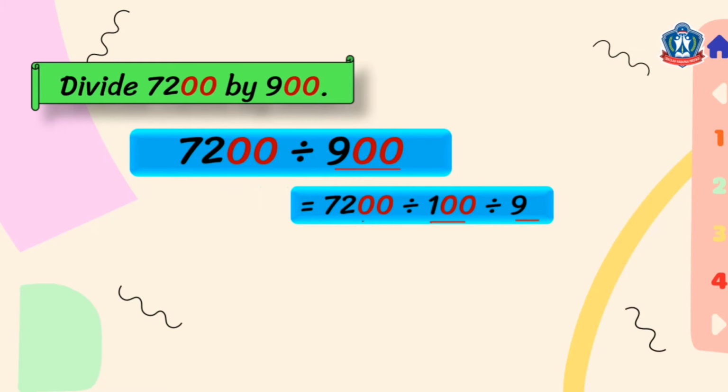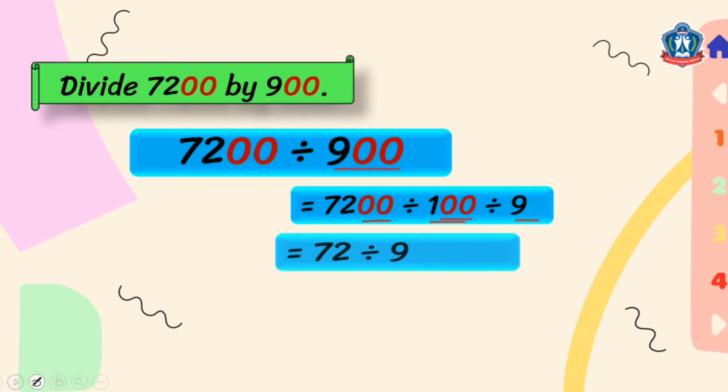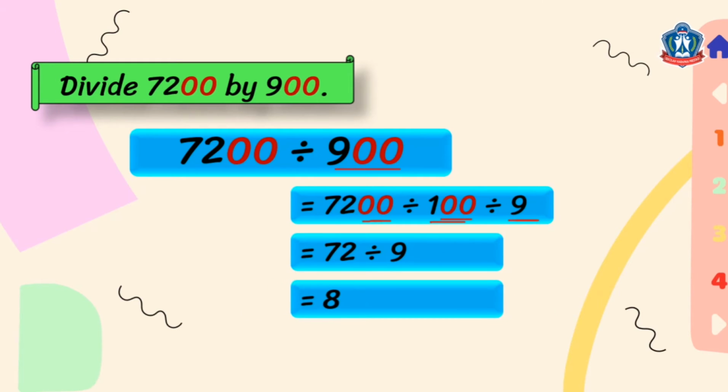We have 7,200 and 100, with the same number of zeros, so we can actually divide 72 divided by 1, and that is 72. Then after that, we divide right away by 9. So 72 divided by 9, and the answer is 8. So if we divide this kind of problem, it's just like we take out the 2 zeros. So it's just like 72 divided by 9, and the answer is 8.